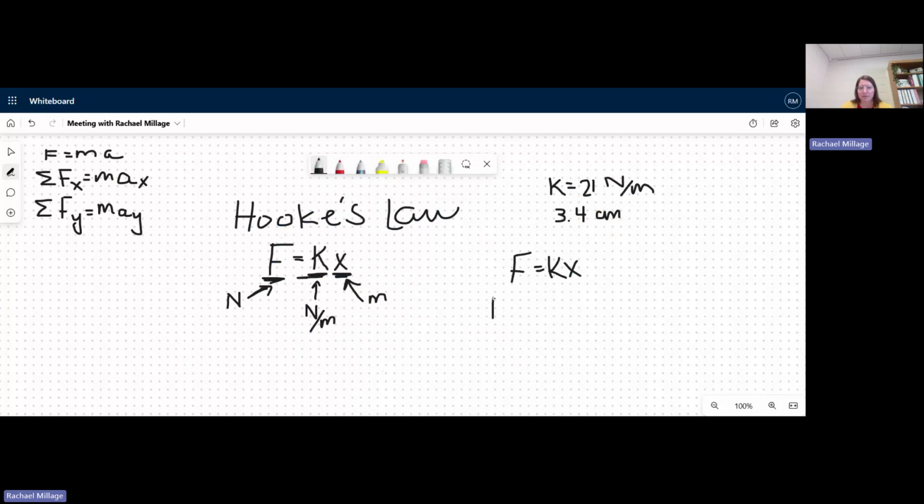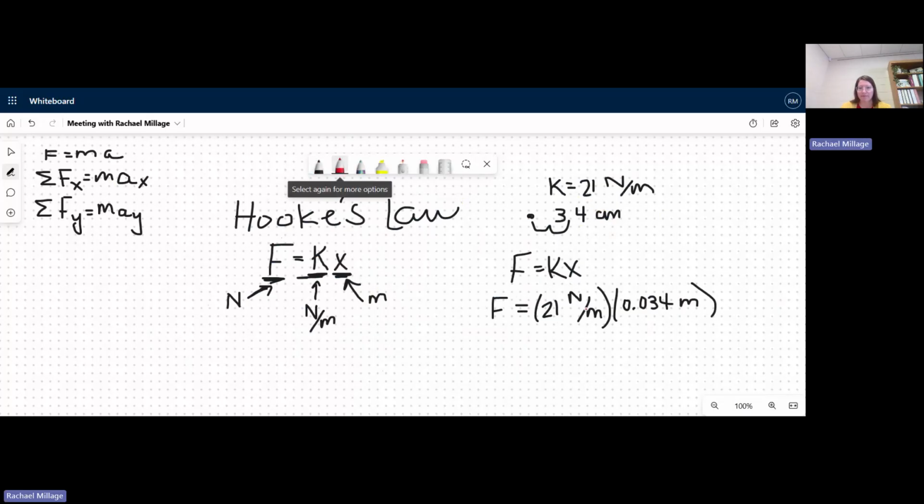So my force is going to be equal to K, which is 21 newtons per meter, times, if I do centimeters to meters, I need to move the decimal over twice because there's 100 centimeters in every meter, so this will be 0.034 meters.